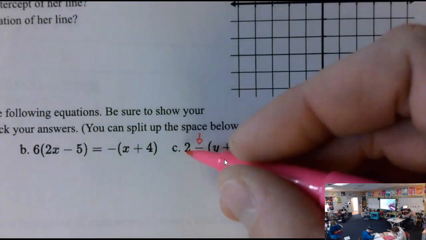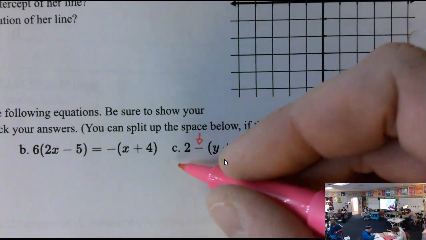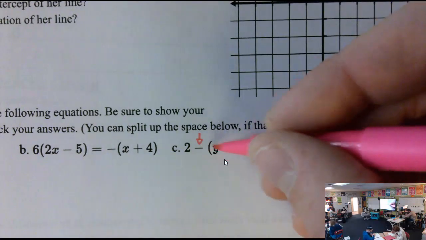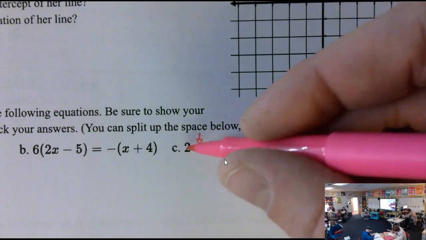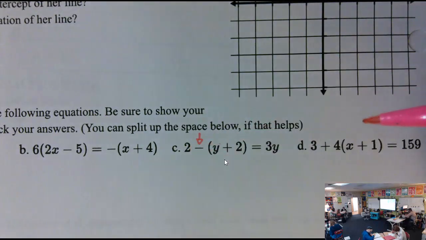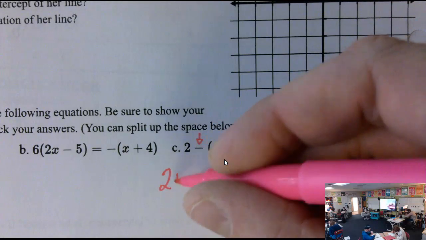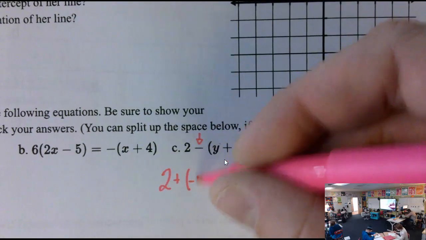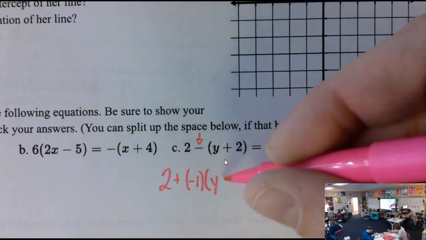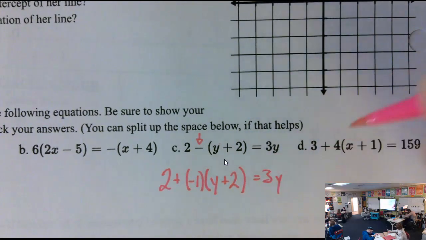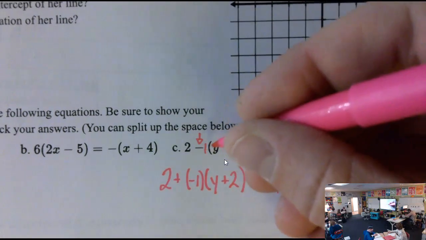I thought you distributed the 2 and the negative. No, because this is saying the opposite of these things. That 2 is not multiplying. The negative, guys, if we want to rewrite this, that's what this really is. There's always a 1. Remember, there's always a 1.